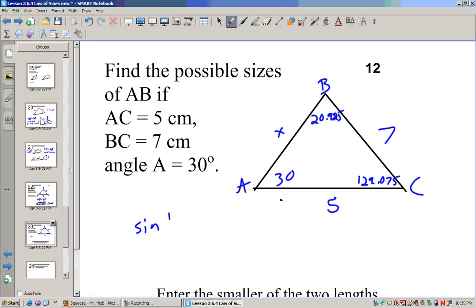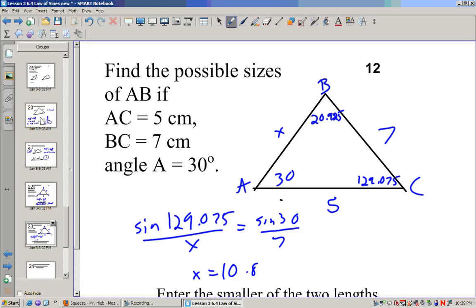So the sine of 129.075 over x is equal to the sine of 30 over 7. So 7 sine of 129.075 divided by the sine of 30 is going to equal 10.869 centimeters.